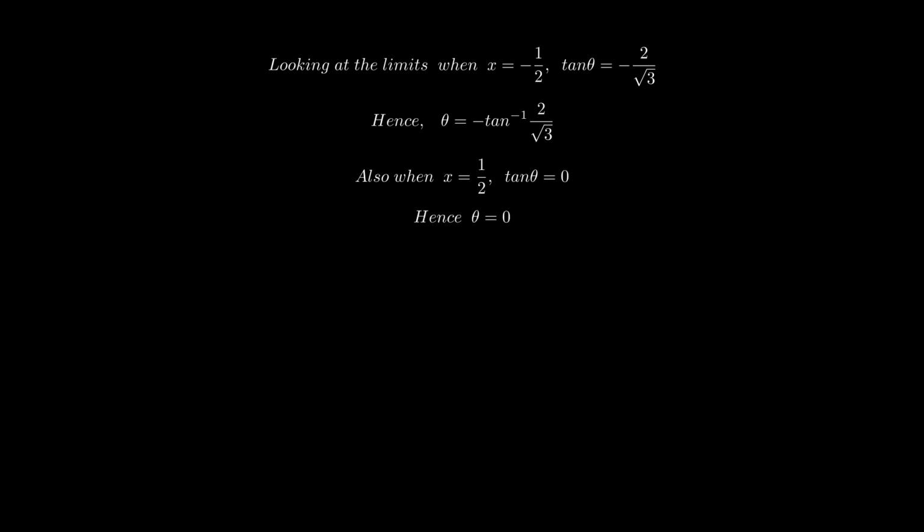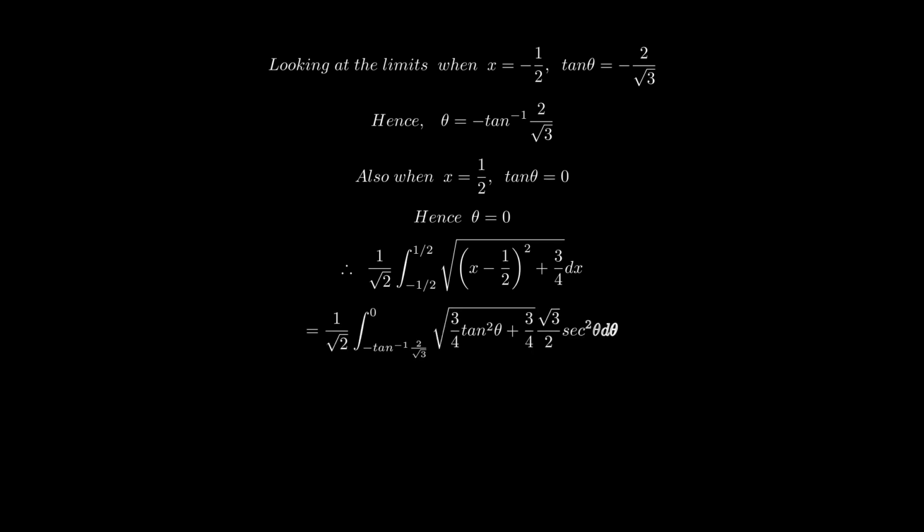So now we just have to replace the x's with the thetas, and therefore the second integral now results into 1 over root 2, the integral from minus arctangent 2 over root 3 to 0 of square root of 3 over 4 tan square theta plus 3 over 4 times root 3 over 2 sec square theta d theta.